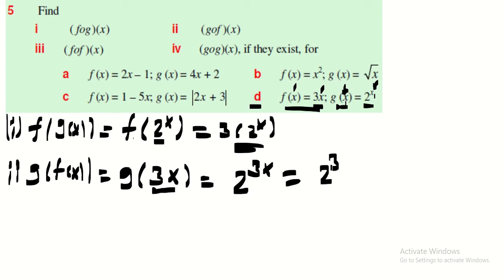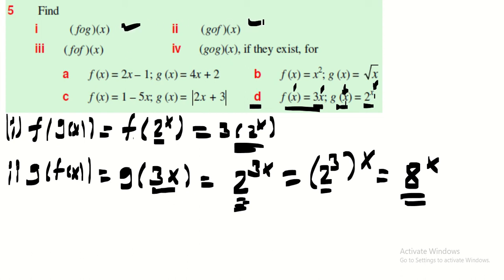Like 2 to the power of 3, the whole to the power of x. You can write it like further simplification. You can keep it. This is a simplified form actually, but if you want, you can write it in another way. 3x means 3 times x, so I can just put it inside together with the 2. 2 cubed means 8, 8 to the power of x. You can write it in this way or this way, it's okay. So that's the answer for first one and second one for question number 5D.